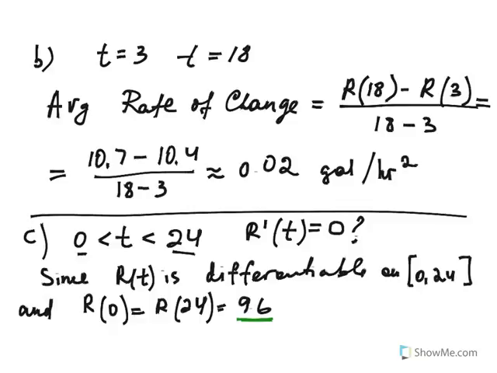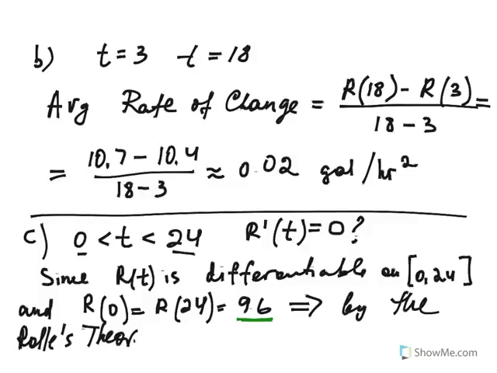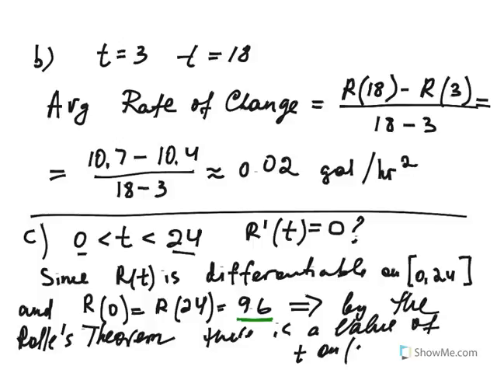So then you say, therefore, by Rolle's theorem, there is a value of t on this interval such that r prime of t equals 0.